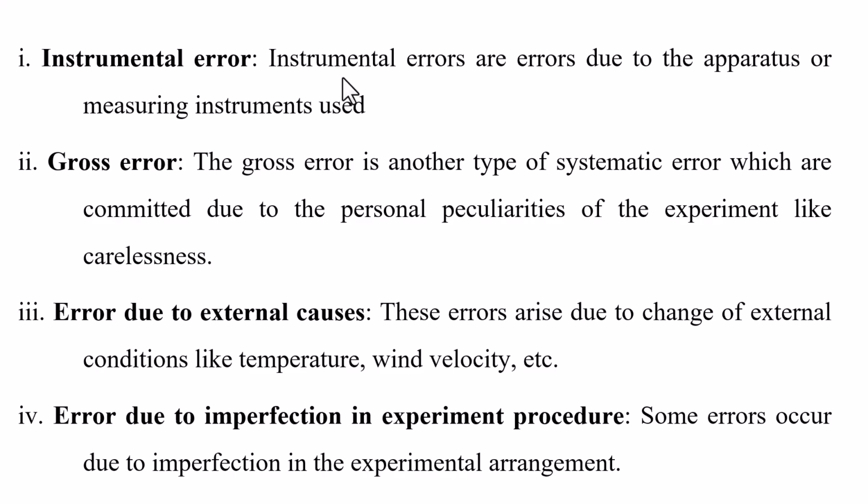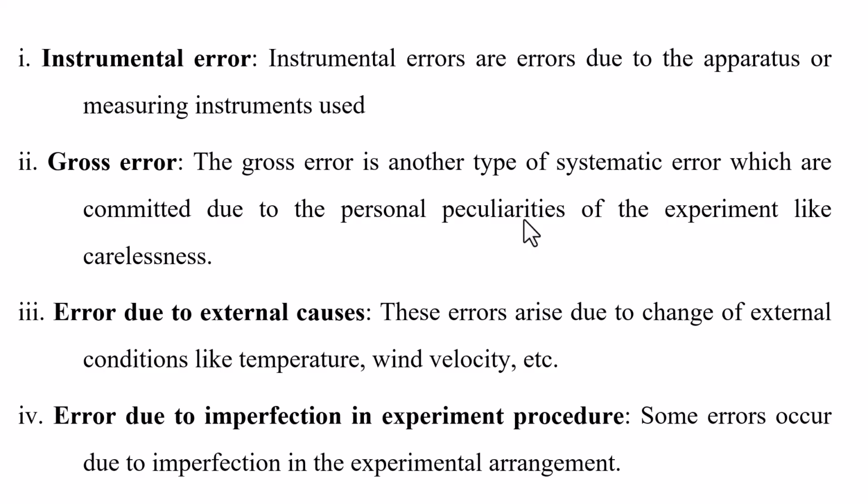First, instrumental errors are errors due to the apparatus or measuring instruments used. Second is gross error. Gross error is another type of systematic error, committed due to personal peculiarities of the experimenter, like carelessness.